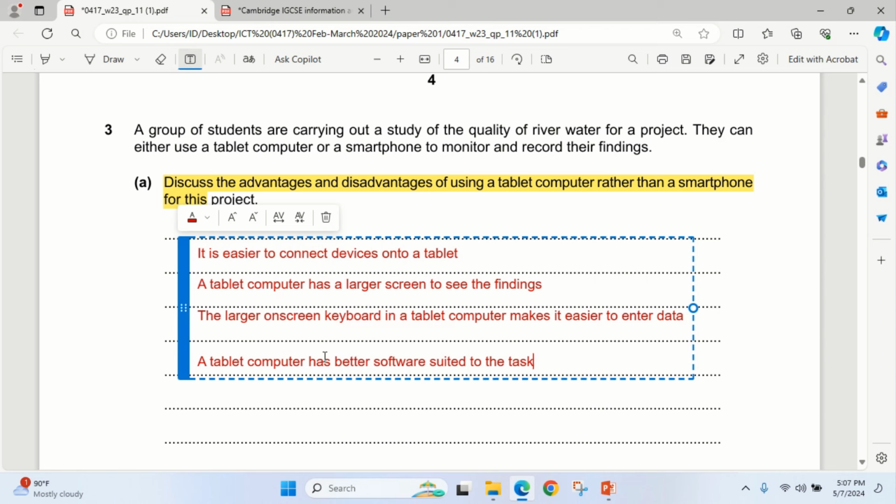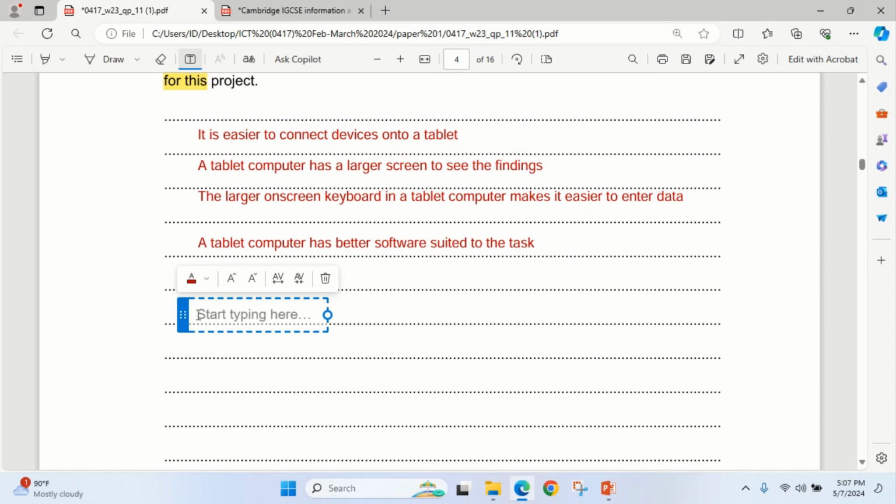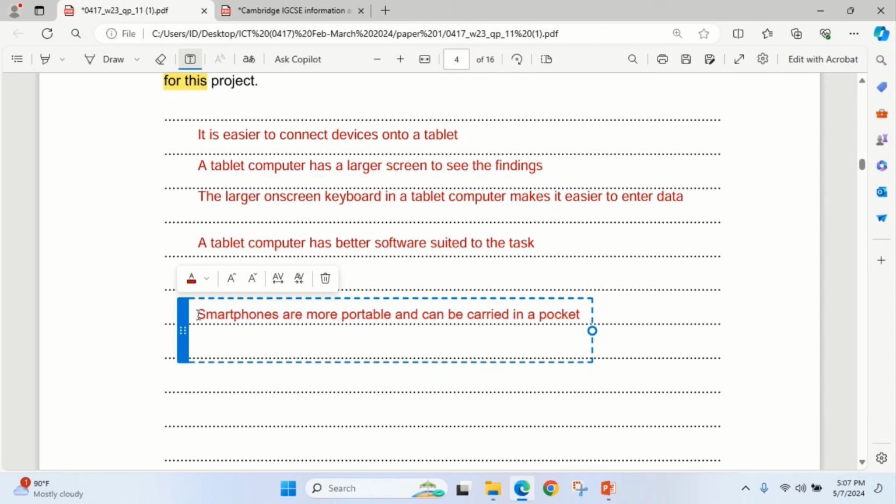And for disadvantages, you could say that smartphones are more portable and can be carried in a pocket, whereas a tablet computer might not be so. Another thing, you can say that students are more likely to have smartphones with them at all times than having tablets.